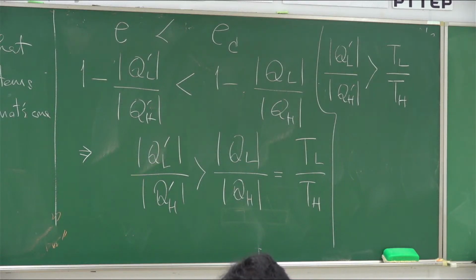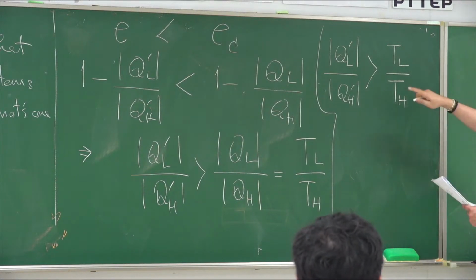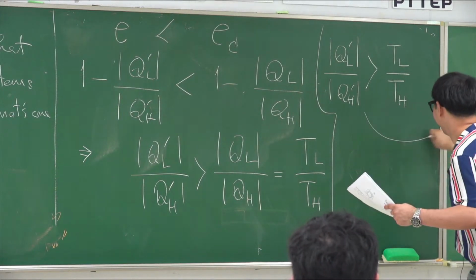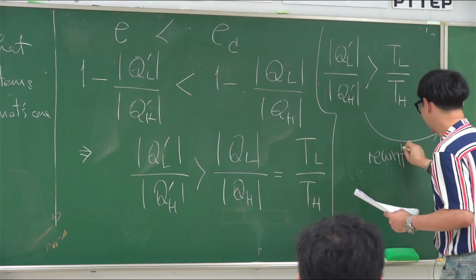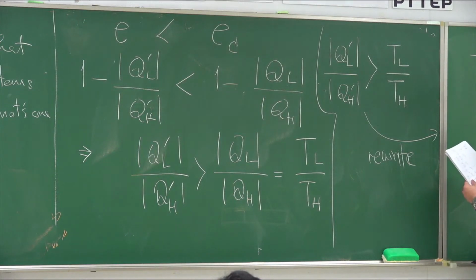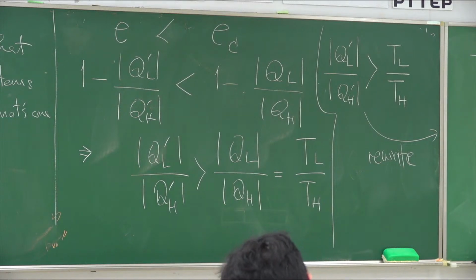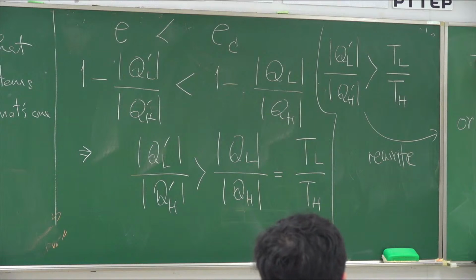Let me finish this. And so then you rewrite. Okay, so you will get this. It's not difficult to see that. Here we put the absolute value because we take care of the minus sign and the plus sign.